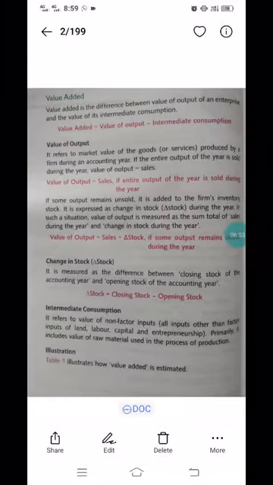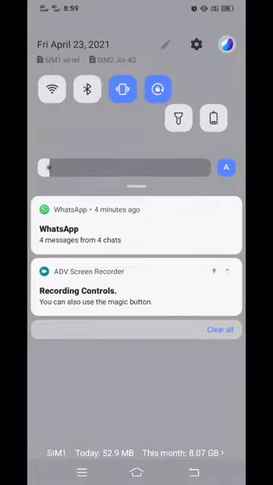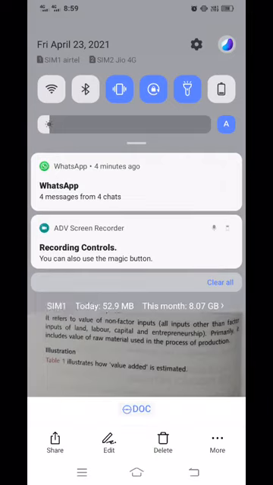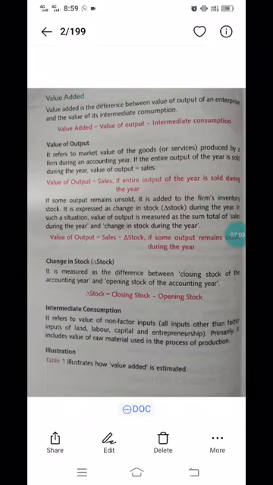It means how much value is added in sugar. So it is the difference between value of output and intermediate consumption.